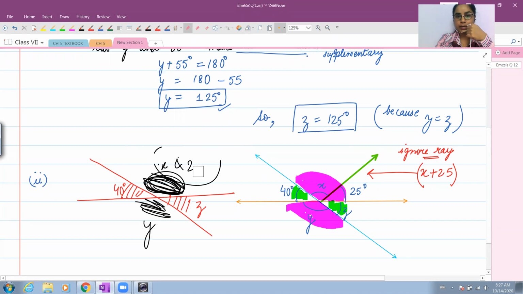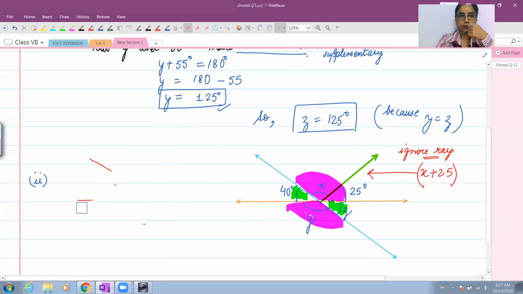And now I'm going to write down my answer. So I can simply write down that vertically opposite angles are equal. That would mean Z will be equal to 40. These are the ones I've marked in green, and the ones I've marked in pink are Y equals X plus 25.